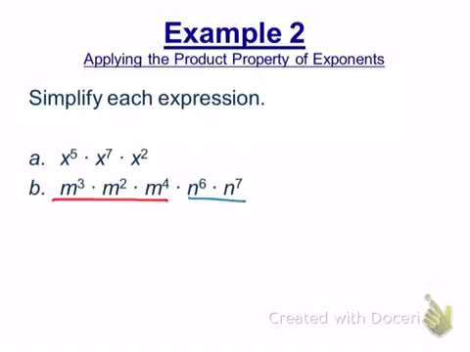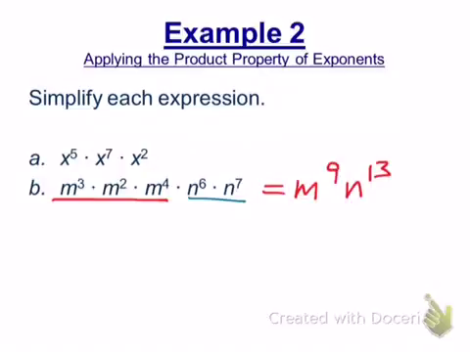I have m's in this problem, and I have n's in this problem. So the result is going to be m to the 9th, n to the 13th. That's an instance where if you go too quickly trying to get that answer, trying to get that test finished, trying to get that quiz finished, you might make a mistake.